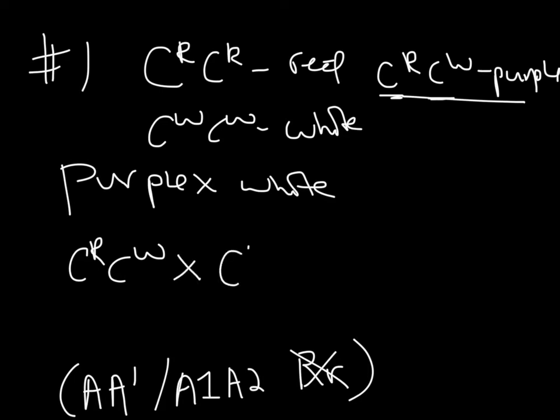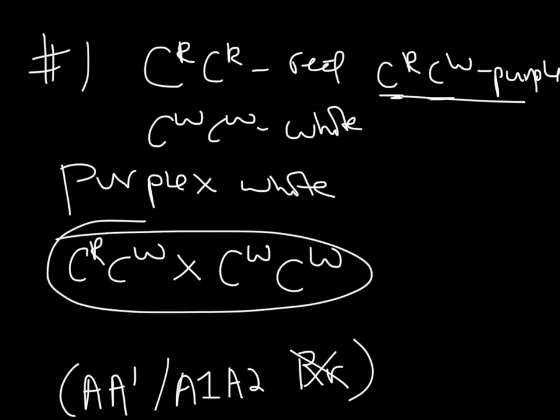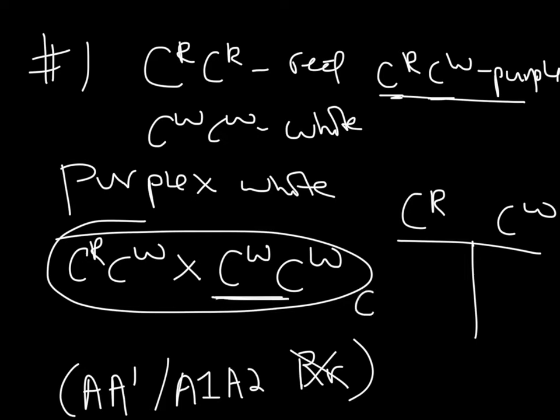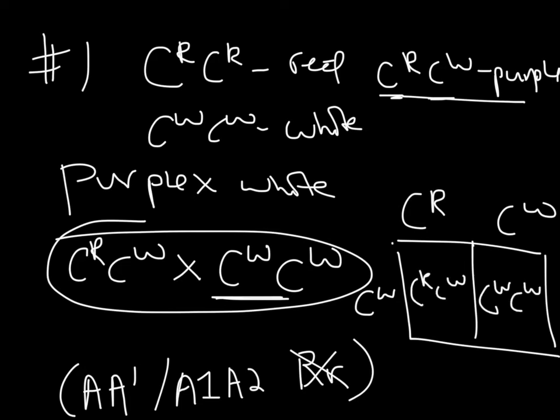White is always CWCW, and so this is actually the cross you're looking at. You'll notice the parent on the left can give a CR gamete, or it can give a CW gamete. The parent on the right only has CWs as the gamete to give. So we cross those, and we see what happens.